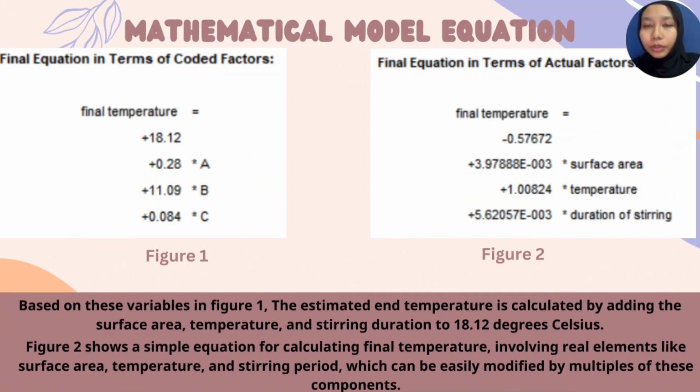For the mathematical model equation based on these variables in Figure 1, the estimated end temperature is calculated by adding the surface area, temperature, and stirring duration terms to 18.12 degrees Celsius. Figure 2 shows a simple equation for calculating final temperature involving real elements like surface area, temperature, and stirring periods, which can be easily modified by multiples of these components.